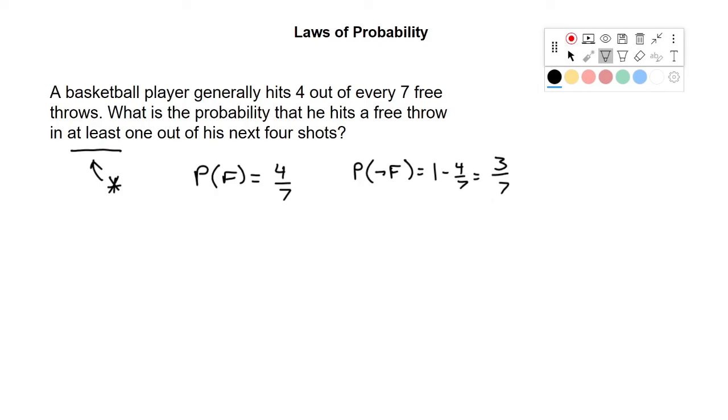So there's a few ways you can do this. You can find the probability of him hitting all 4 shots, then 3 shots, then 2 shots, then 1 shot. That gets very complicated. Or you can think of this another way. So the probability of him hitting at least 1 is 1 minus the probability of him hitting none.